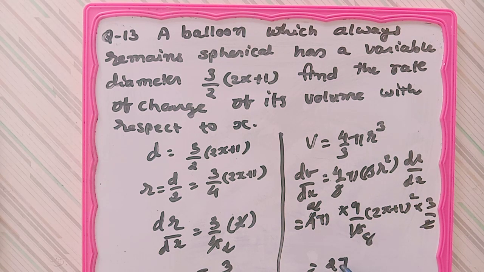So it is 27/8 pi (2x+1) whole squared, the volume changing rate with respect to x.